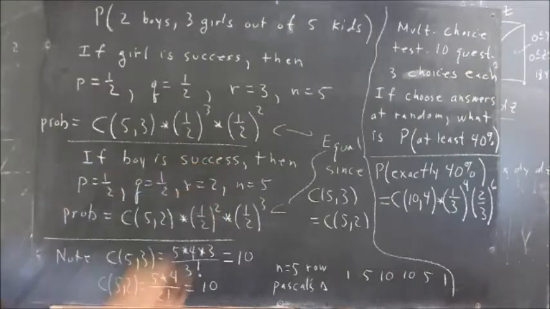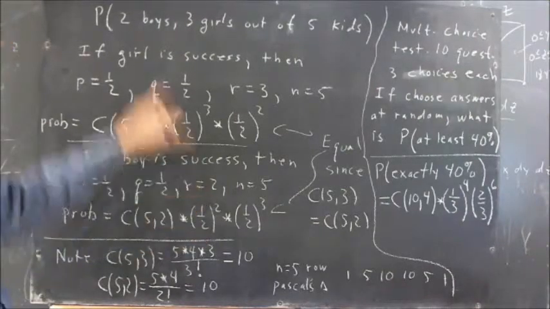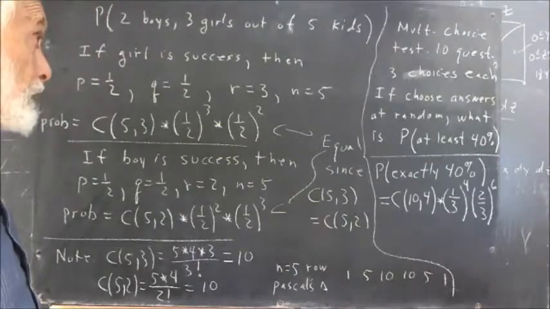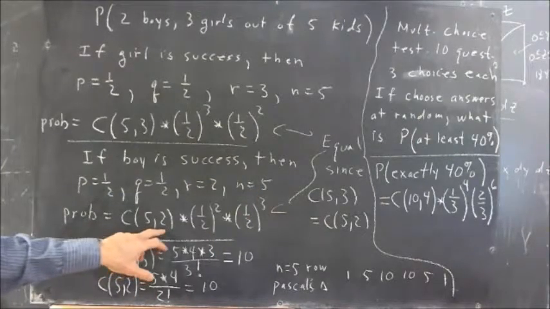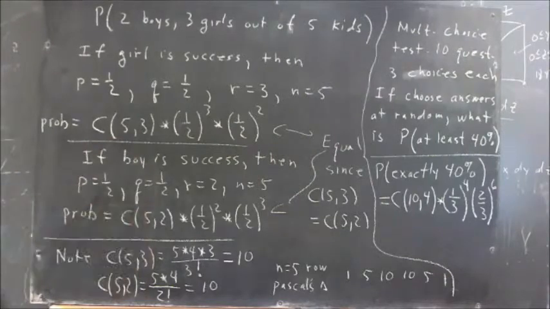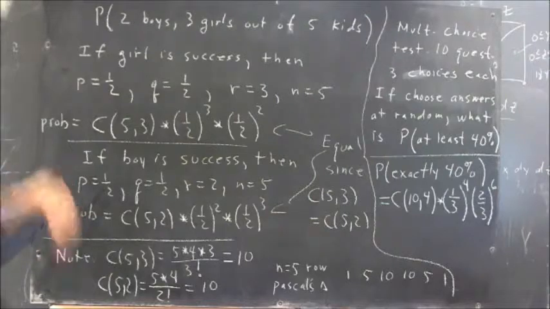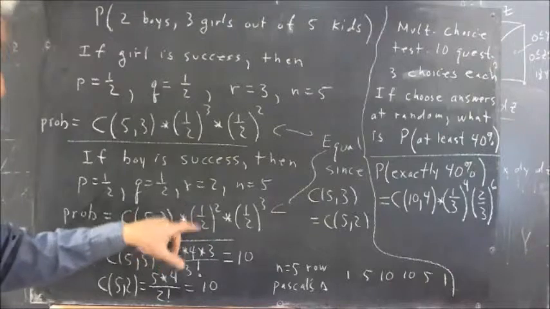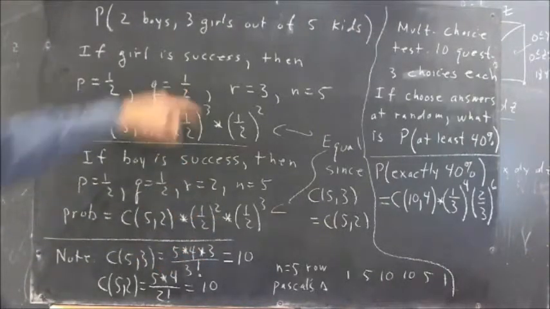So there's your application of the formula to this situation if a girl is a success. If a boy is considered to be a success, then, well, same thing, except there are only 2 successes because you're only getting 2 boys out of 5 kids, 5 births. And the same reasoning holds, except that you're going to have C of 5, 2 instead of C of 5, 3, because you're only distributing 2 male births out of the 5 possible. 1/2 raised to the R, well, R is only 2, so you're going to get 1/2 to the 2 instead of 1/2 to the 3.